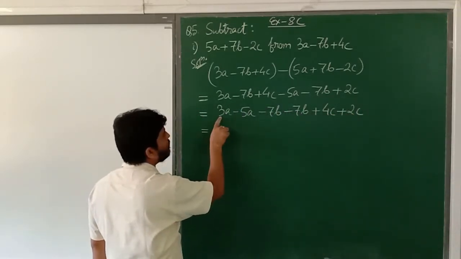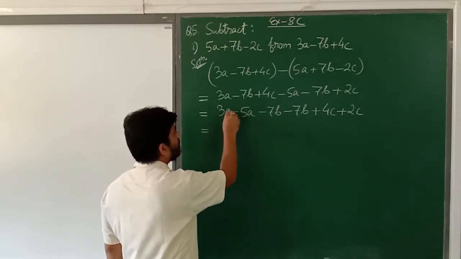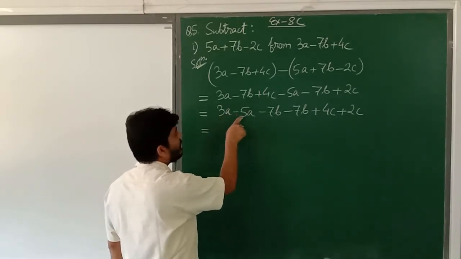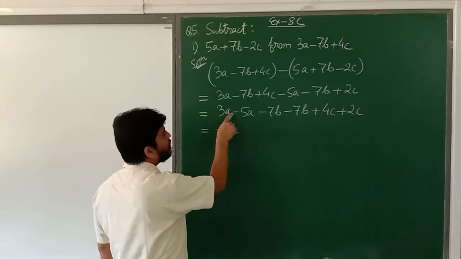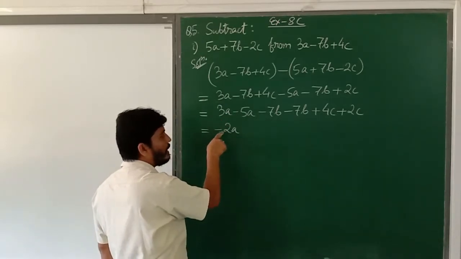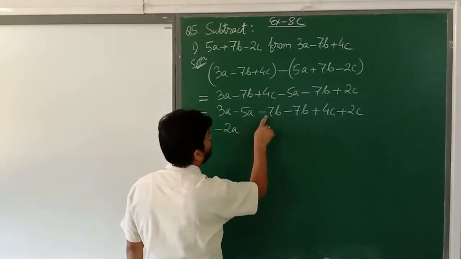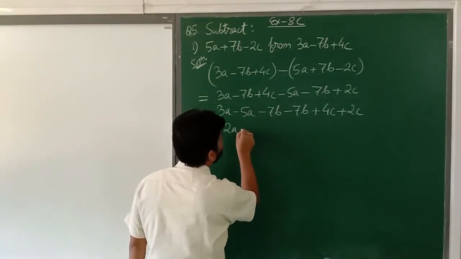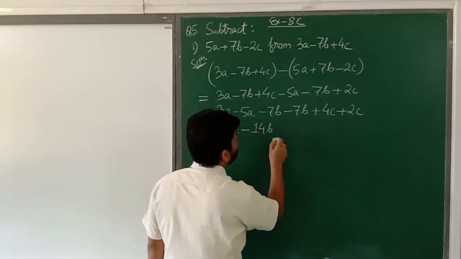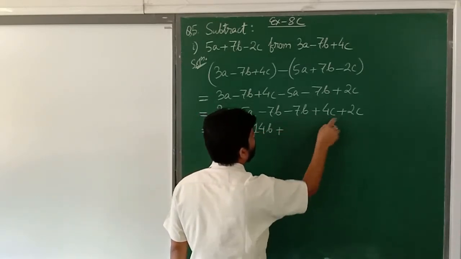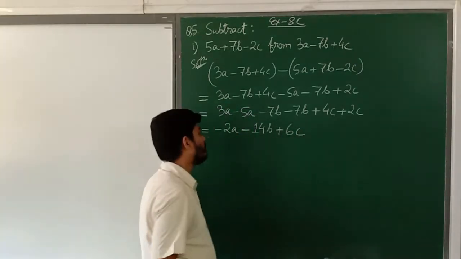Now do accordingly. 3a minus 5a is minus twice a. 3 minus 5 is minus 2. Then minus into minus is plus, but minus will remain, this will be 14b, and both are plus, so 6c.